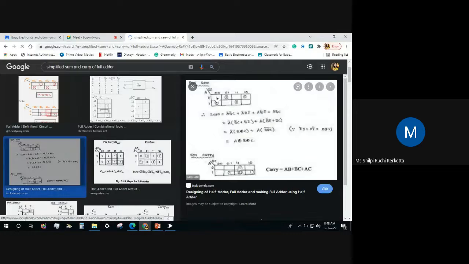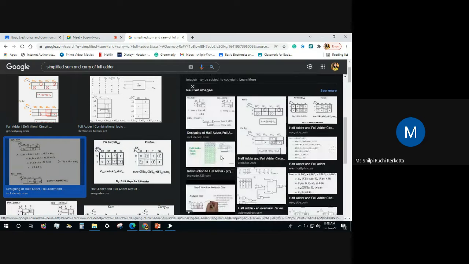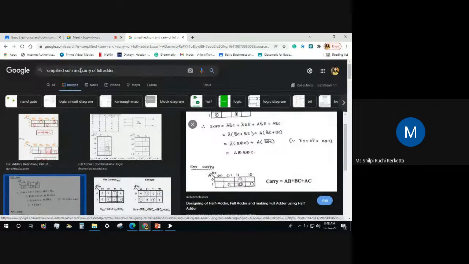We don't have this in the syllabus. If we go on simplifying this, it will become A XOR B XOR C. So this is our first part. And if we simplify carry using K map, it will become AB plus BC plus CA.